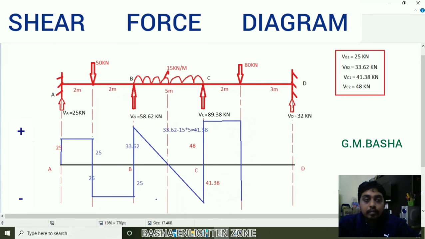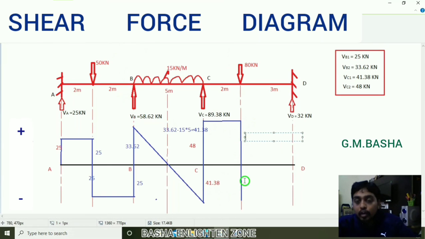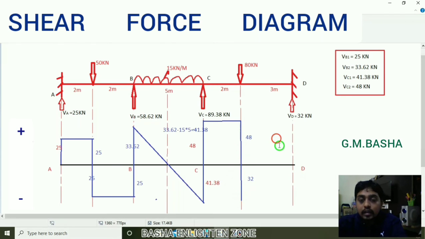I am drawing downward 80 kilonewtons, 48 here, so 80 minus 48 gives rise to 32. So this line will be 32. If you add the total downward, that will be 80. Again friends, from here to here no load is acting, that is the reason I am taking a constant line.